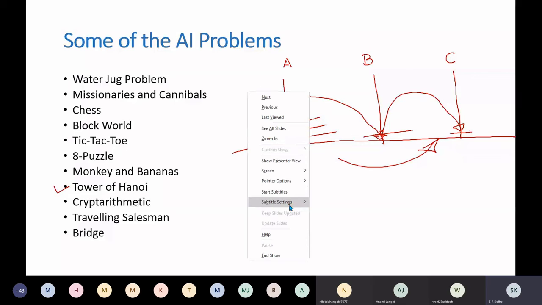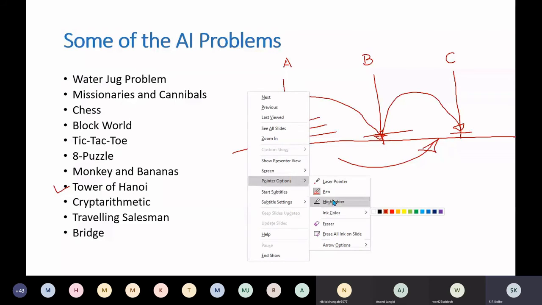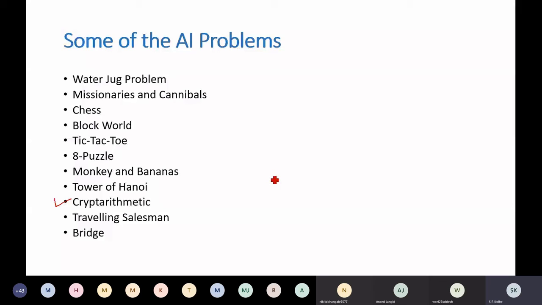Then the next problem is the crypto arithmetic problem. Many of you might know this problem. There are crypto arithmetic puzzles something like this. For example, SEND plus MORE is equal to MONEY.